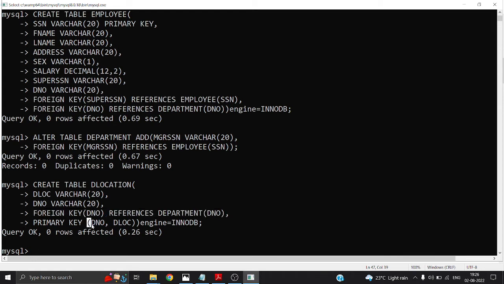By combining the department number and department location columns, I'm making them a primary key. When two or more columns are included in a primary key, it becomes a composite key, which is used to identify the records uniquely in the table.